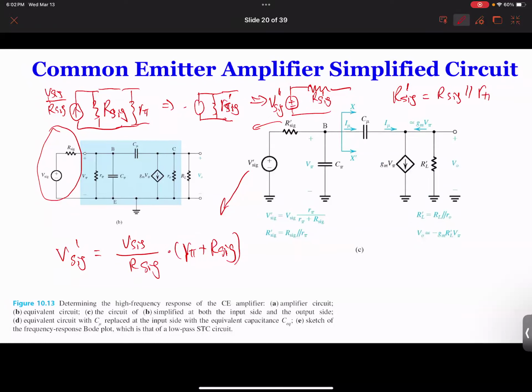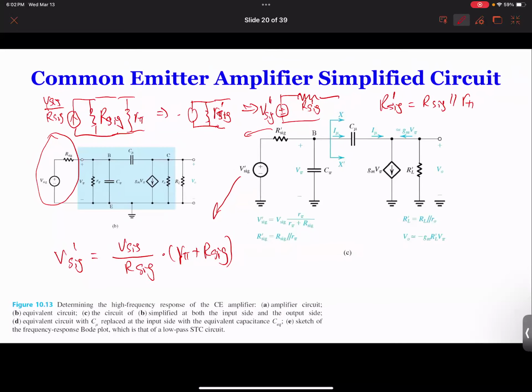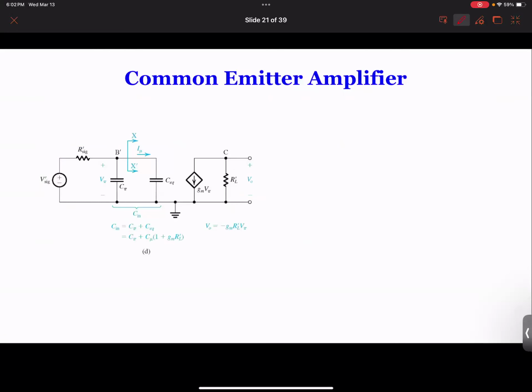After doing this, if you look at this circuit, it is exactly identical to the MOSFET circuit, except that VSIG is prime and RSIG is prime. That's all. So basically, you change a little bit. The gain ratio changes a little bit. We're not going to repeat it here because it's the same. We're going to do the same procedure. You can find the gain.